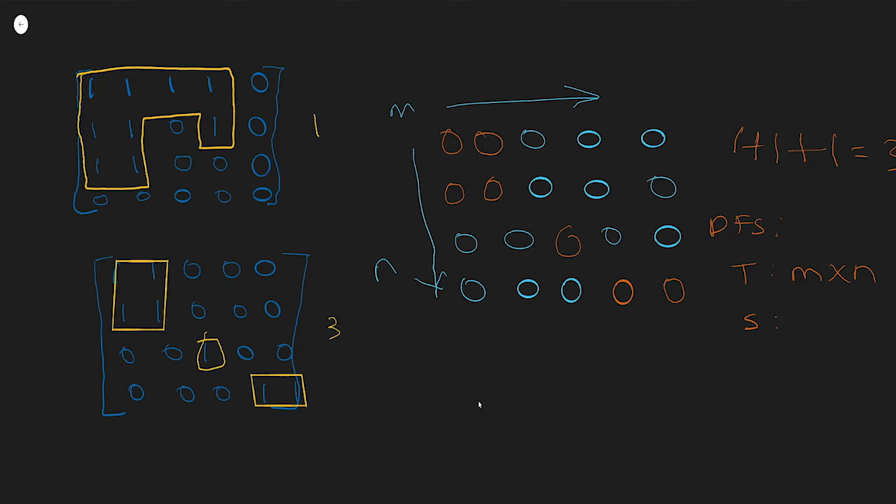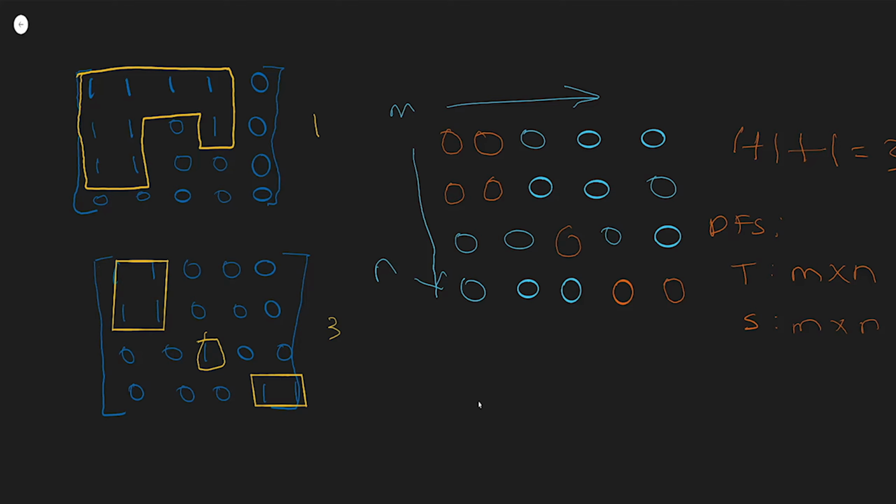And the space complexity is still going to be m into n. The reason being we are following recursion and automatically using the inbuilt stack, and if the entire array is filled with lands, we're going to recursively go to a depth of m cross n, and hence we claim the space complexity as m into n.